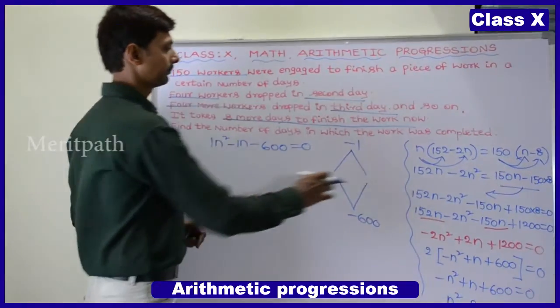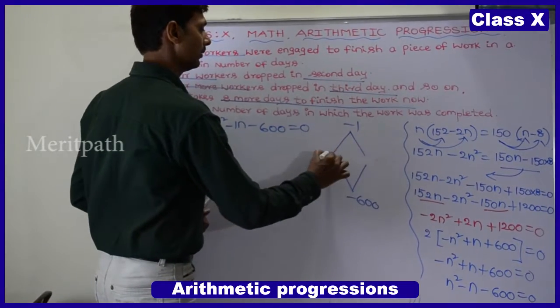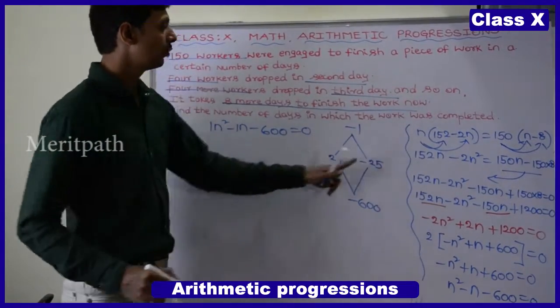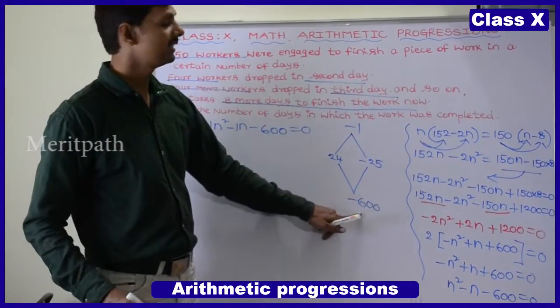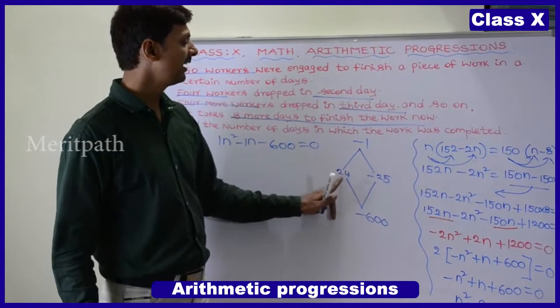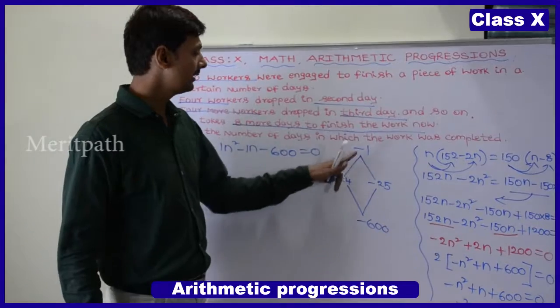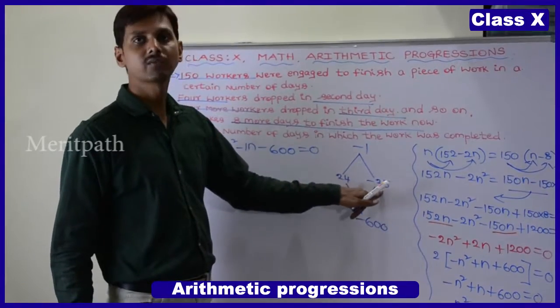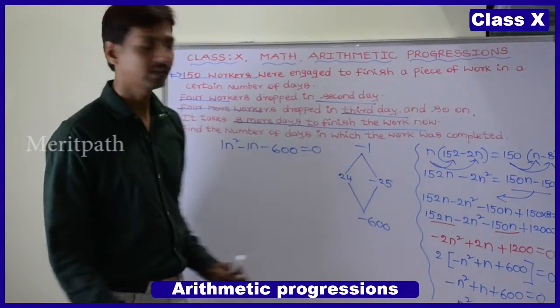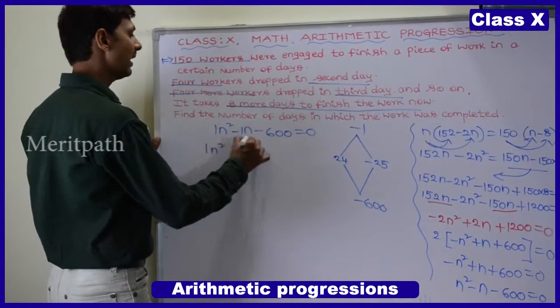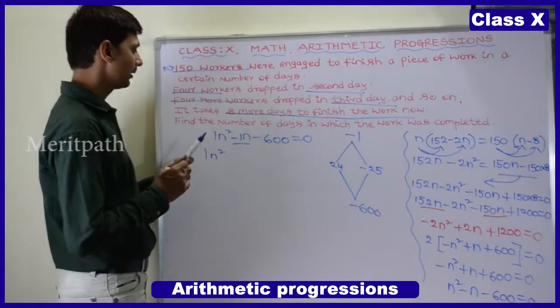So 24 minus 25, 24 into minus 25 is minus 600, and 24 minus 25 is minus 1. We can write this minus 1 as 24 minus 25.